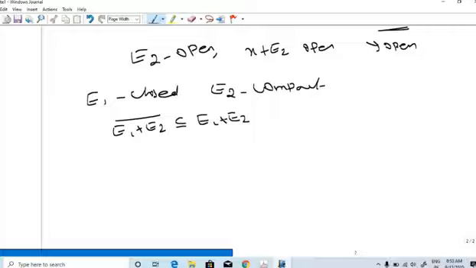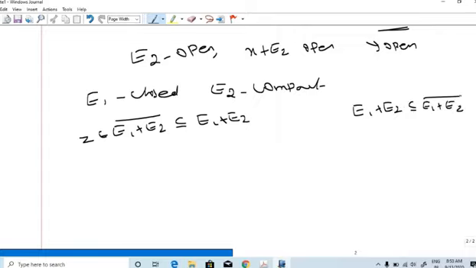If we take any point z here, we have to show that z is a limit point of E1 plus E2. That means we have to find a sequence in E1 plus E2 which converges to z, and then that z should be in the set E1 plus E2. The containment of E1 plus E2 in its closure is always true, since any set is contained in its closure.